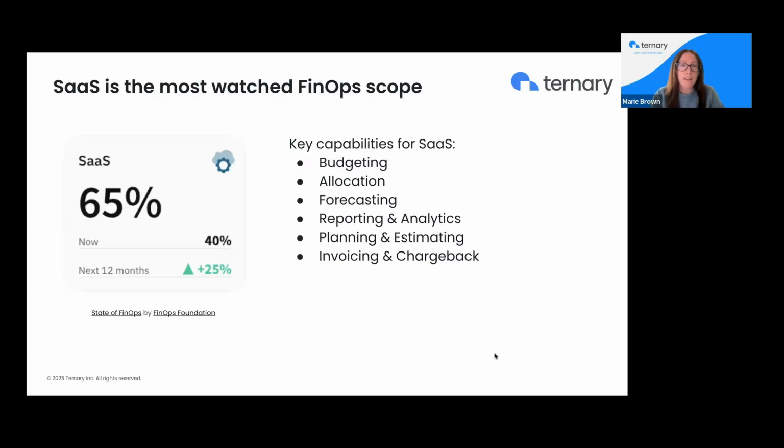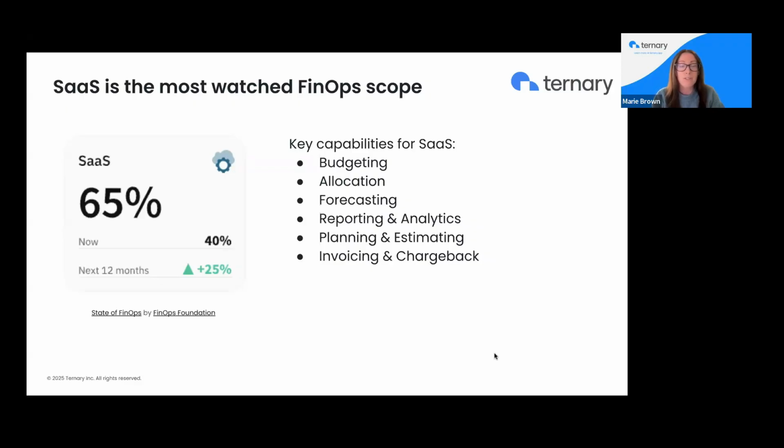SaaS is just one example of that expanded scope. Others are data center, private cloud, and licensing. But based on the State of FinOps data, SaaS is definitely bubbling up to the top as the most watched FinOps scope, the one folks are most interested in.